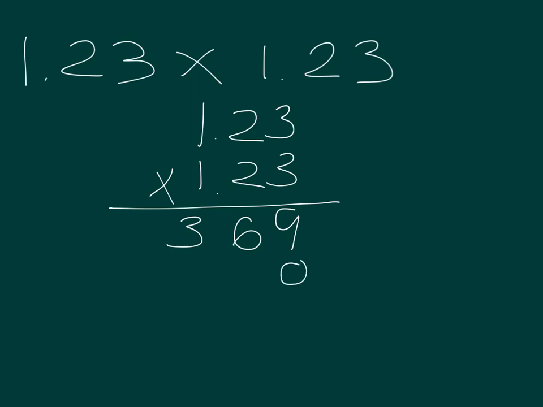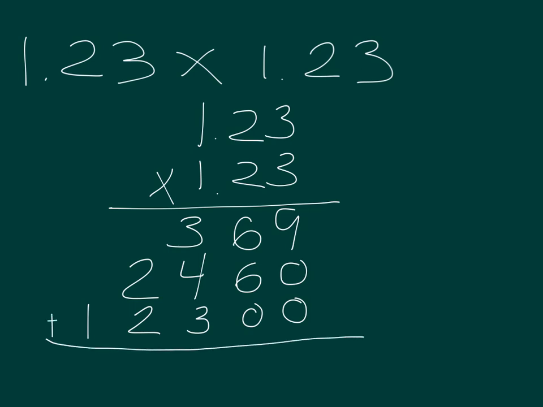Bring our 0. 2 times 3 is 6. 2 times 2 is 4. And 2 times 1 is 2. 2 zeros here. And 1 times 3 is 3. 1 times 2 is 2. 1 times 1 is 1. Done. Now we add them all up, and that's 9, 12, this is 11, that's 5, and 1.